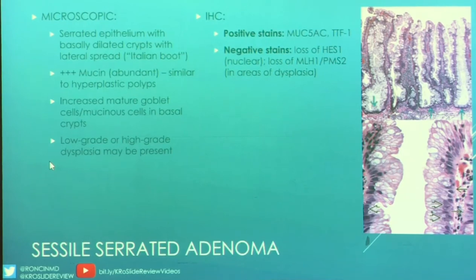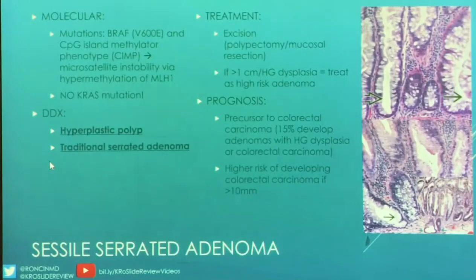What you can see is loss of HES1 or loss of some of your mismatch repair genes, and that would be in areas of dysplasia for your mismatch repair genes, and HES1, I believe, would be in your differential against adenocarcinoma. Again, you don't have to do stains typically for these lesions to call them, and you don't have to do molecular, even though there's molecular.